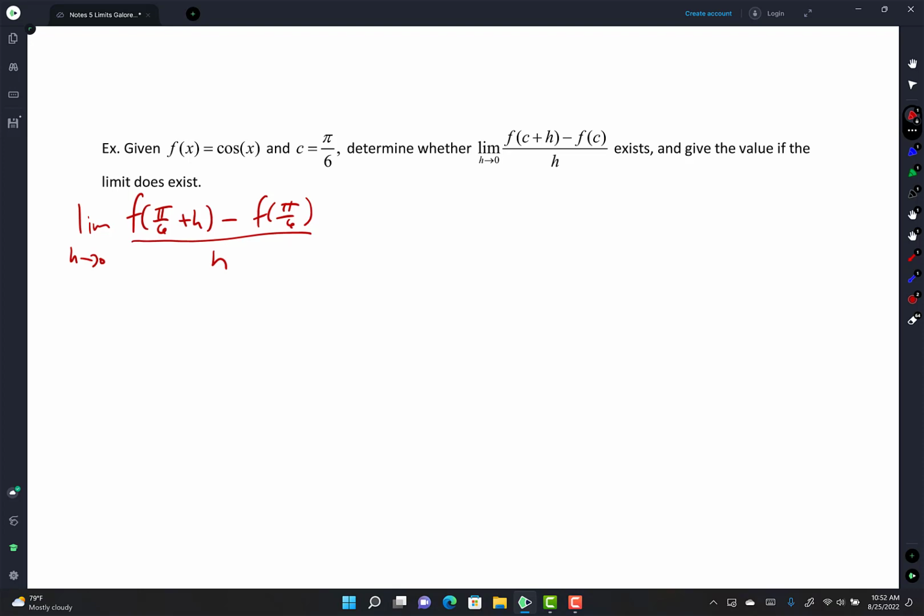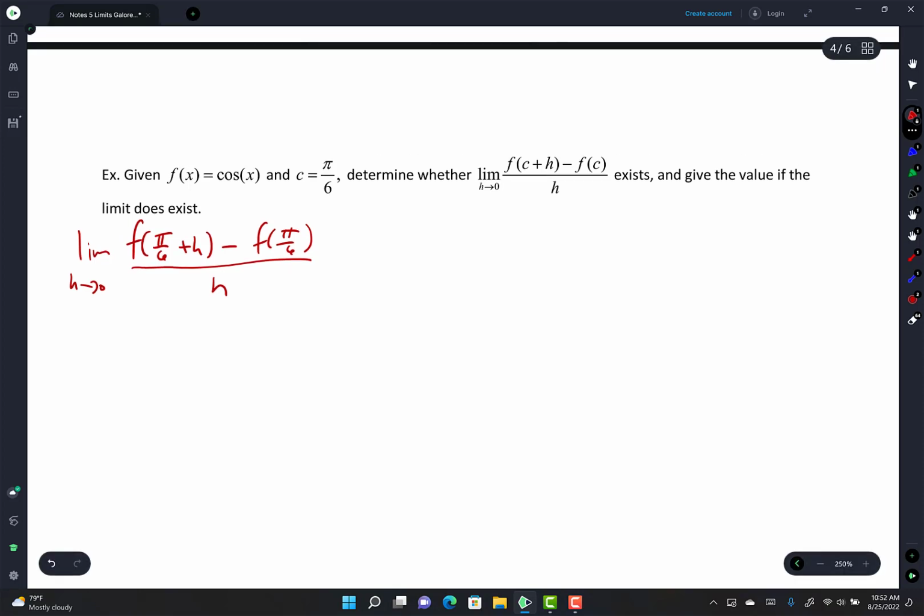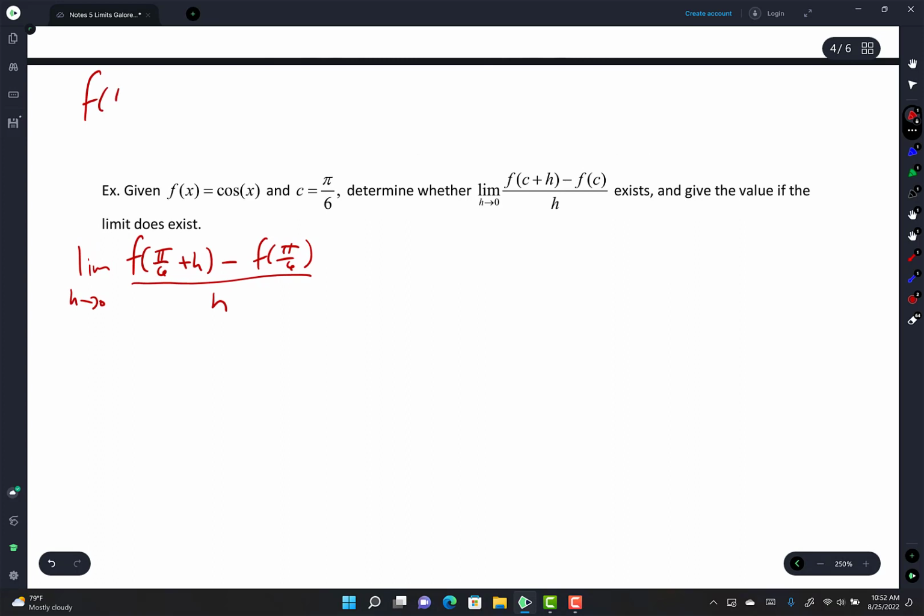I can't do direct substitution, you're right, but there is a limit. All right, here we go. I need to know what f of pi over 6 is. F of pi over 6 is cosine of pi over 6. Do you remember what cosine of pi over 6 is? Square root of 3 over 2.